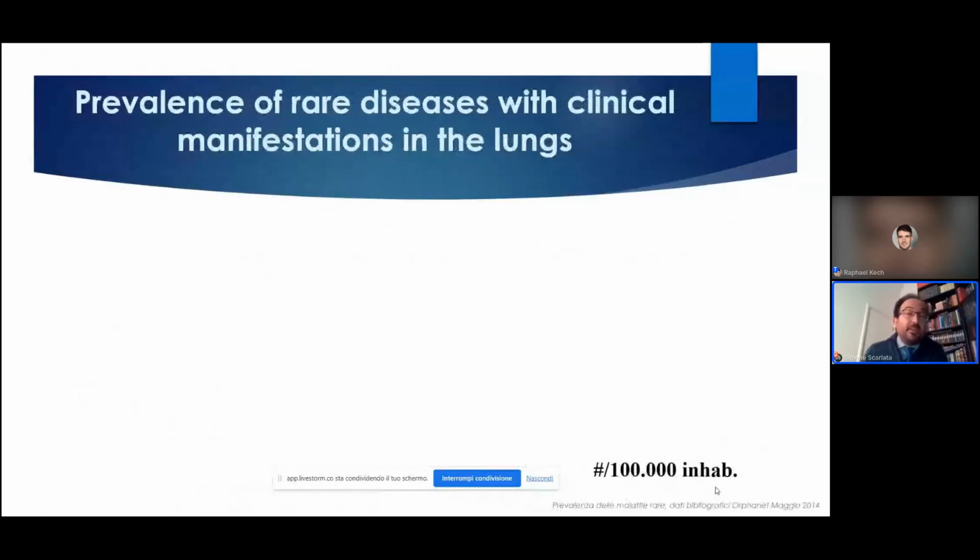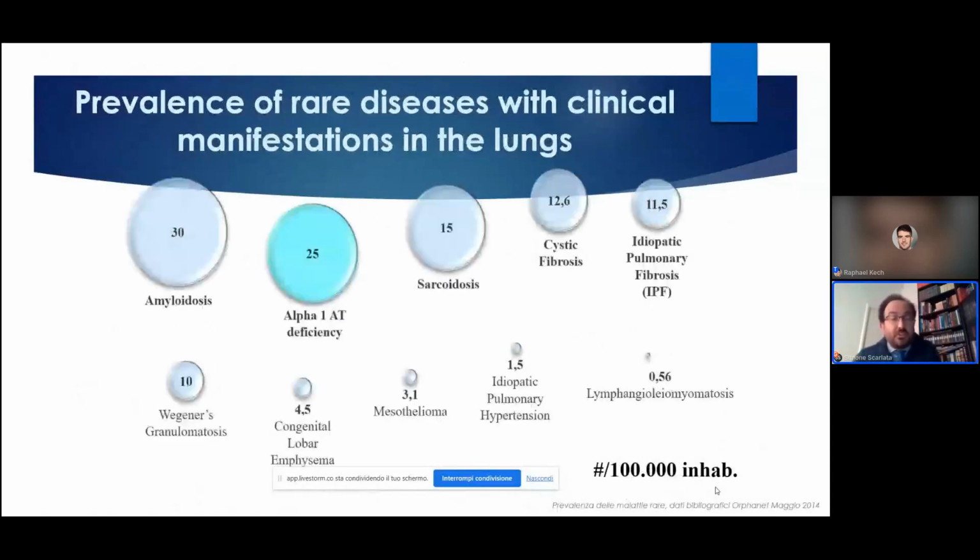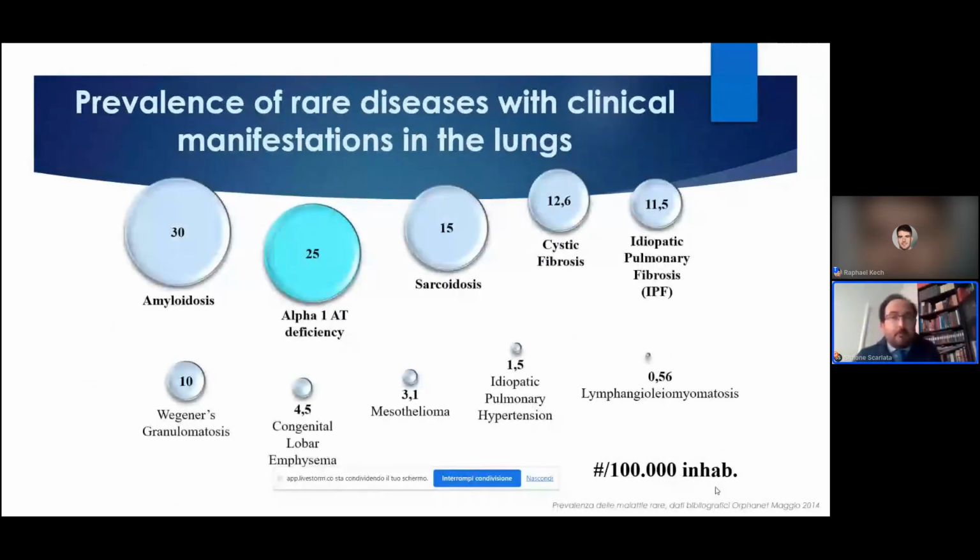And this is a pity, because if you consider the prevalence of many other rare conditions, such as sarcoidosis, cystic fibrosis, Wegener's granulomatosis, and so on, we see here how alpha-1 antitrypsin deficiency is more frequent than these other diseases that have conquered a relevant importance in clinical practice.